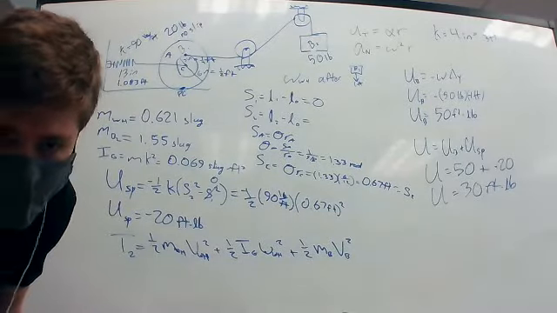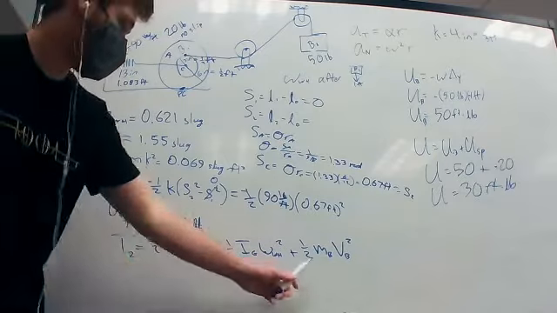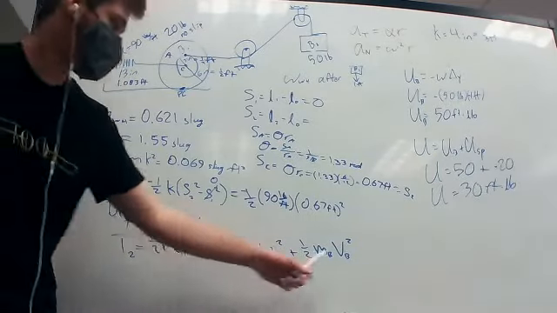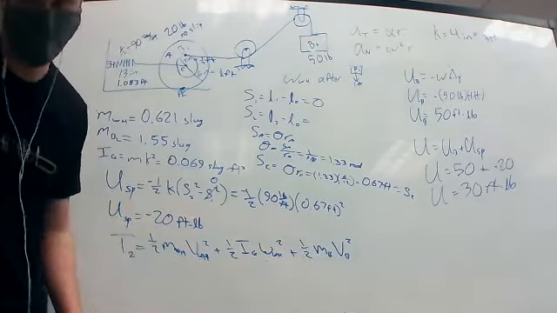Okay, so we know the masses for both, we know the IG for both, but our velocities and our angular velocity are unknown.